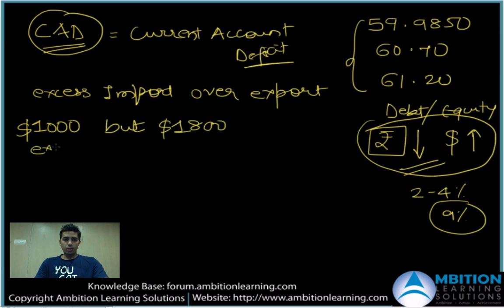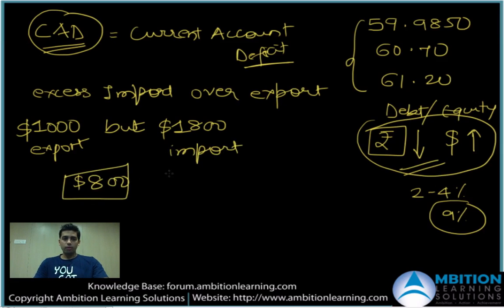So we are exporting $1,000 worth of goods and importing $1,800 worth of goods. Hence we have $800 of deficit, which we call the current account deficit.